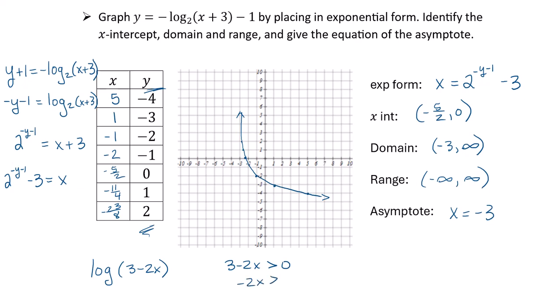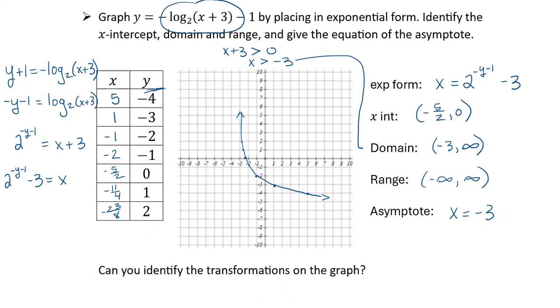So when I solve this, and I'm dividing by a negative, so that flips the inequality, I know that my domain is coming from negative infinity and going up to 3/2. For this function, I know that x plus 3 must be greater than 0, and so x must be greater than negative 3, and we see that domain expressed here in interval notation.